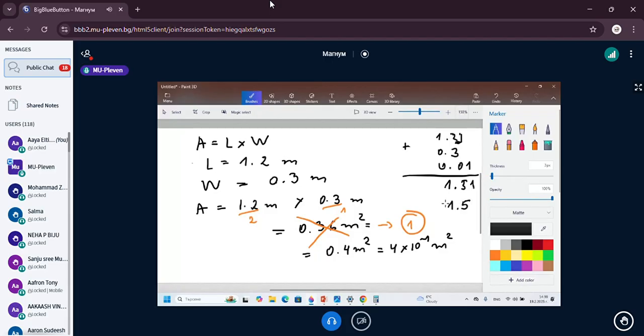This mustn't be written according to the rules of significant digits, because we've got a factor having just 1 digit to the right of the decimal point.